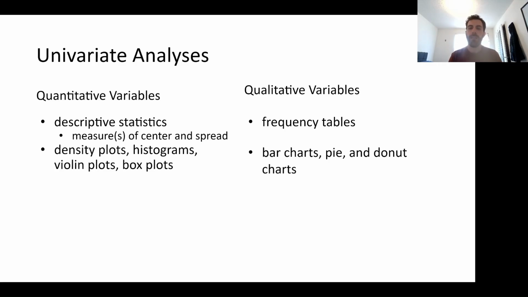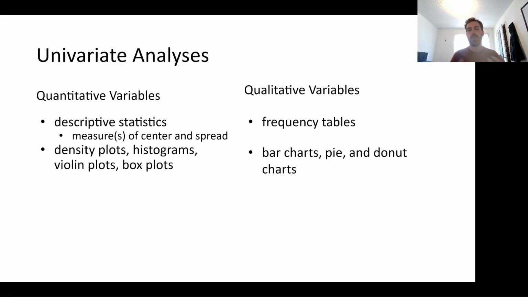For qualitative variables, you can make a frequency table. Remember, qualitative just means it identifies the category within a group of categories for that observation. So a frequency table is just the count of how often that category appears in your data set.